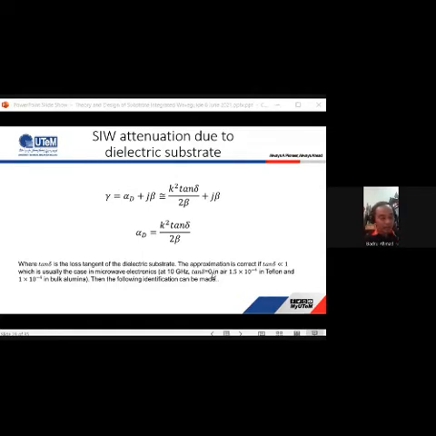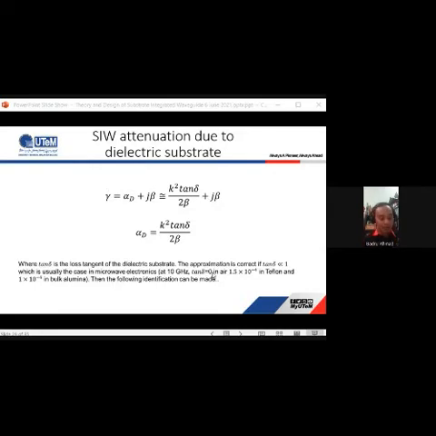We can also see that for microwave electronics at 10 GHz, tangent delta is 0 in air, and in Teflon we have 1.5 times 10 to the minus 4. This relation is correct for both transverse electric and transverse magnetic modes. Also, the dielectric loss lambda d depends on the substrate and not on the geometry.